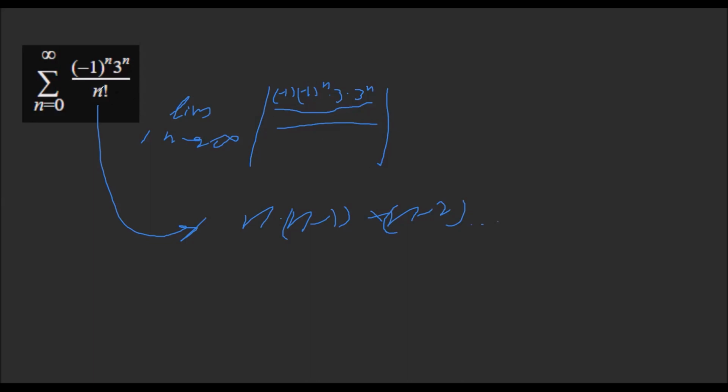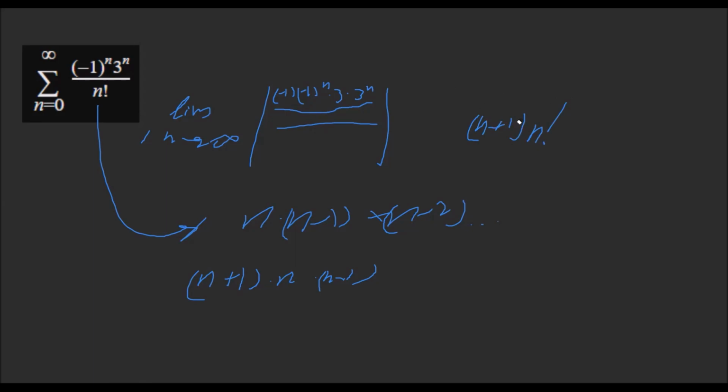So if we were to replace this n with n plus 1, we'd end up with n plus 1 factorial, which is n plus 1 times n, and again, this also goes on forever. So rather than writing n plus 1 factorial, we want to simplify that term with the other n factorial. So instead we can just write n plus 1 times n factorial.